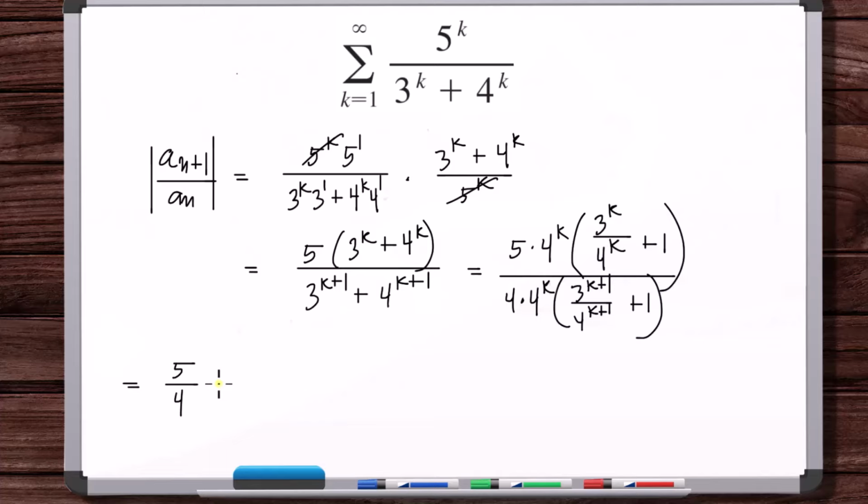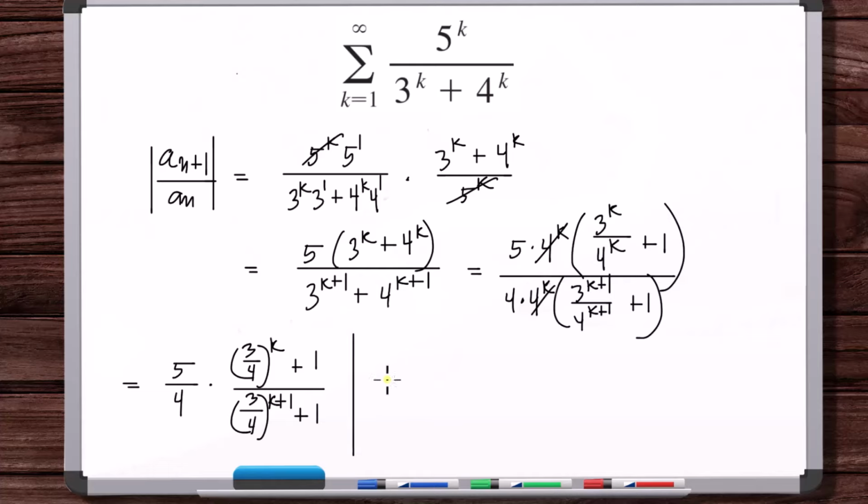times 1 to the k. Yeah, there we go. Times 1 to the k, which is just 1. So yeah, these cancel. And then we've got times 3 over 4 to the k plus 1 over 3 over 4 to the k plus 1 plus 1.